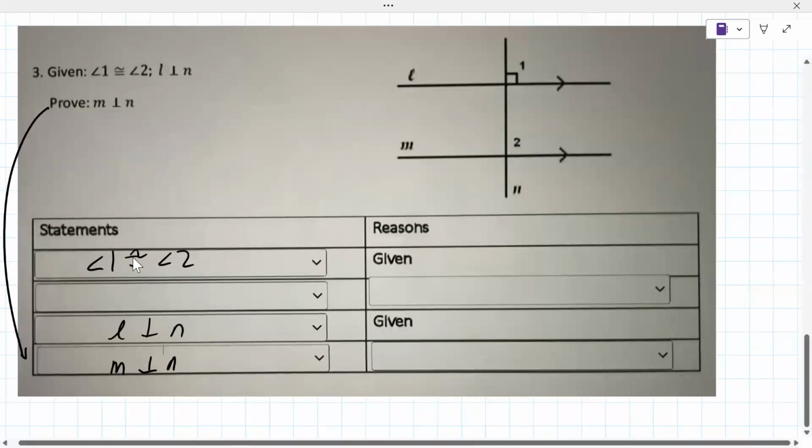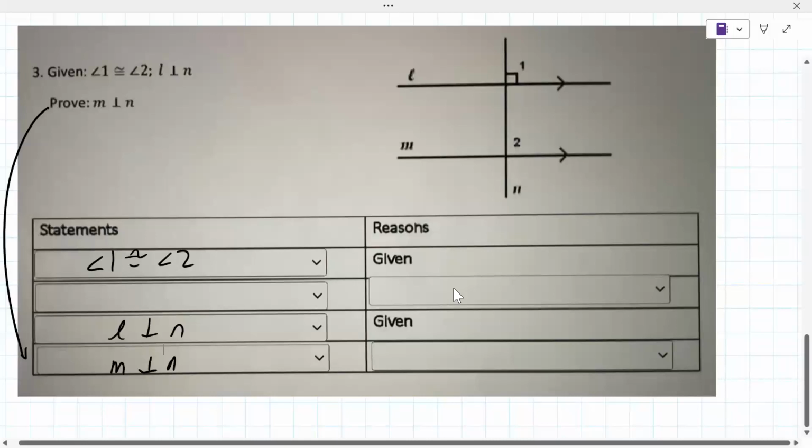Okay, since angle one is congruent to angle two is given, what are some of the reasons over here that we can use?